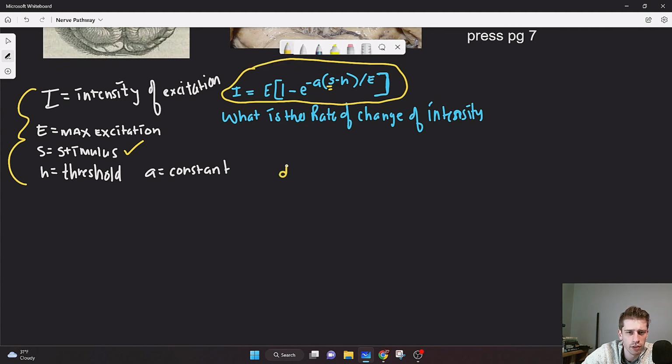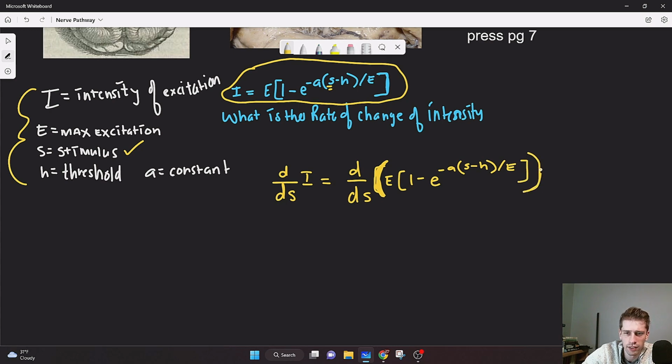We'll have the derivative of I with respect to S equal to the derivative with respect to S of E, bracket 1 minus Euler's number raised to the negative A times our threshold S minus H, all divided by our max excitation, bracket and parenthesis.